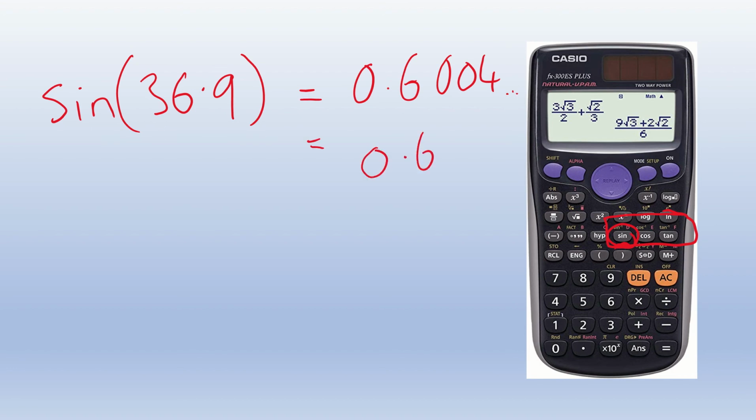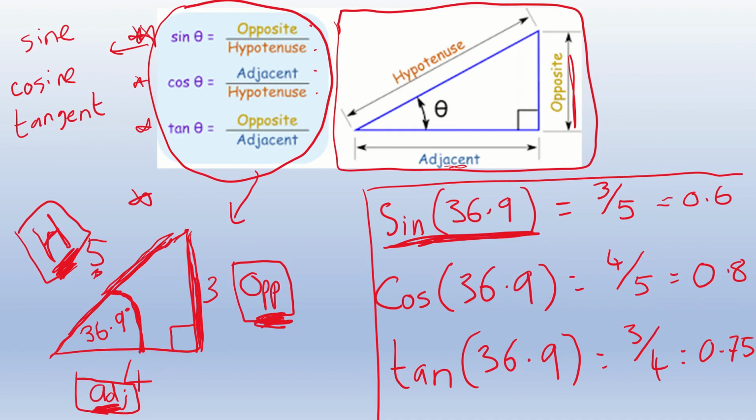The reason you're getting 0.6004 is because I sort of rounded the 36.9 degrees there. Actually, that's 36.8 something.